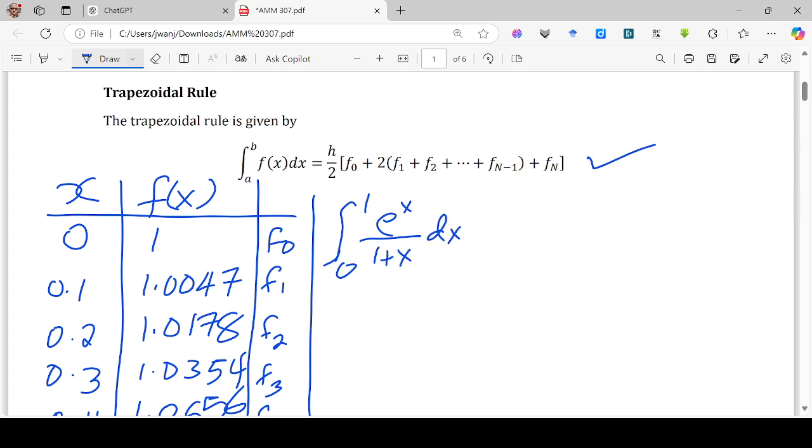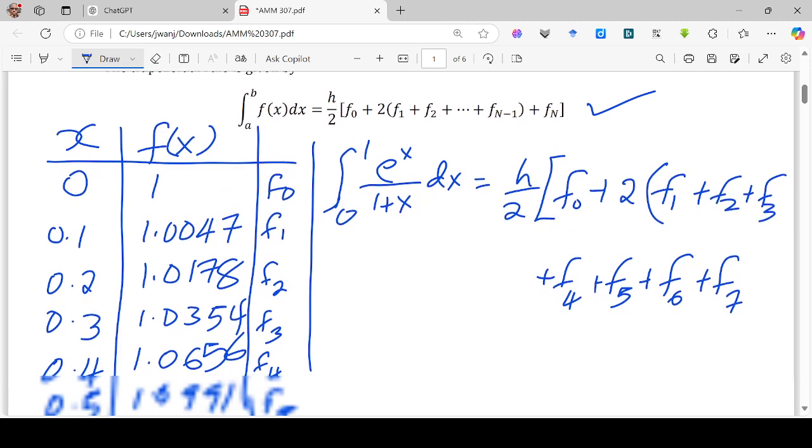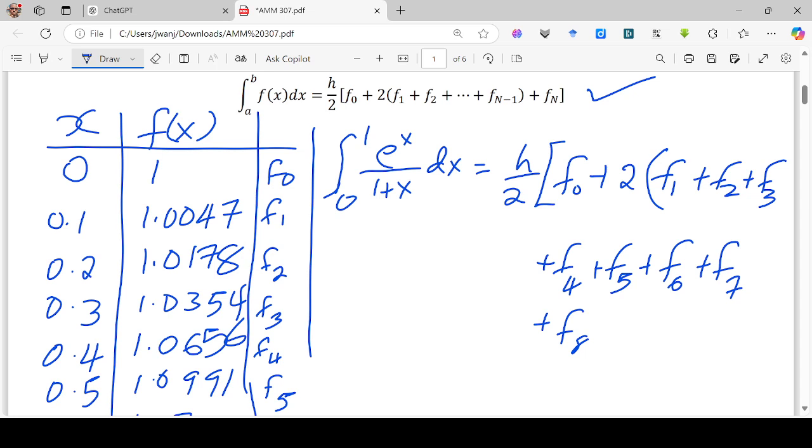Now, we are going to write it as h divided by 2, then we have f naught plus 2 times the sum of all the mid-ordinates, that is f1 plus f2 plus f3, and so on, f4 plus f5 plus f6 plus f7 plus f8 plus f9, we close the brackets, then plus the last ordinate f10, then we close the bracket.